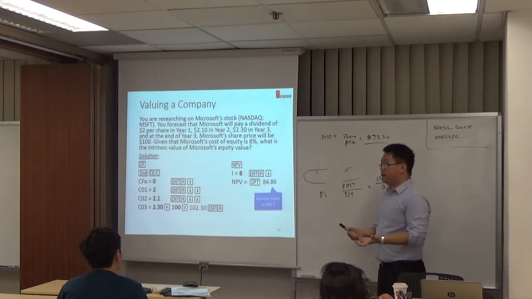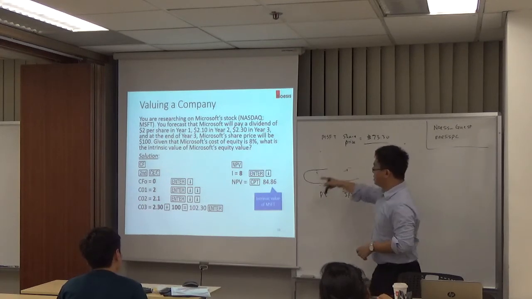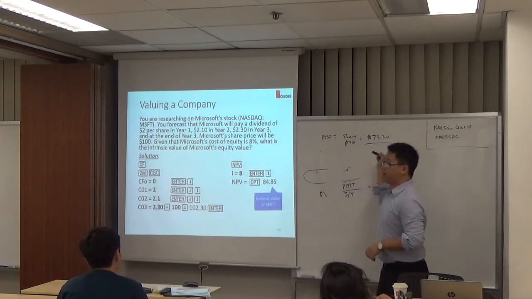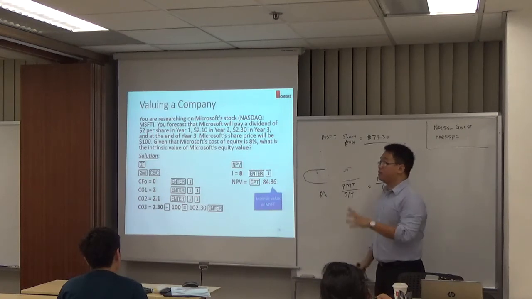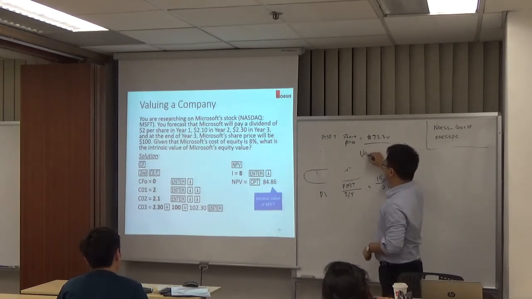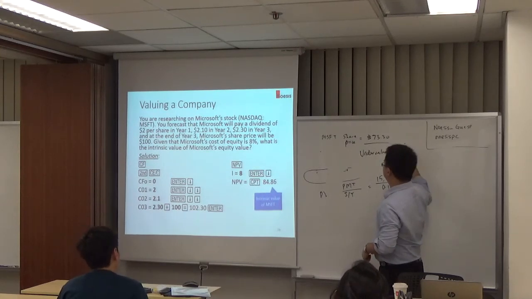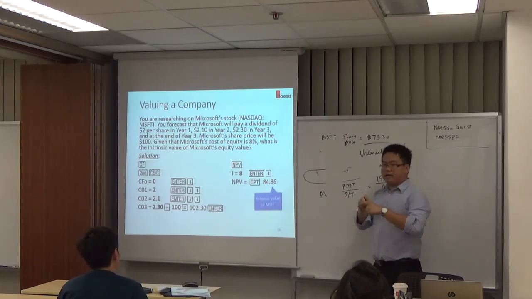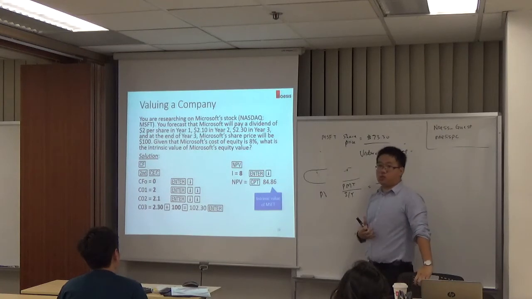Buy. Because if the intrinsic value is higher than the market price, this share is what we call undervalued, or cheap. Then you should buy. When you become an analyst, that's your job. You need to find shares that are undervalued. You will buy undervalued shares, and for overvalued shares, of course, you want to sell them off or avoid them.